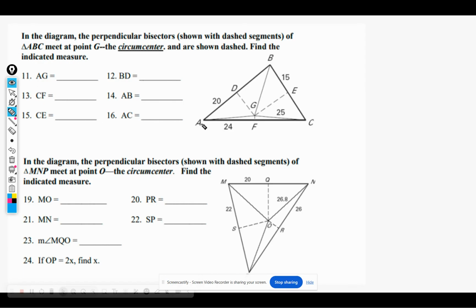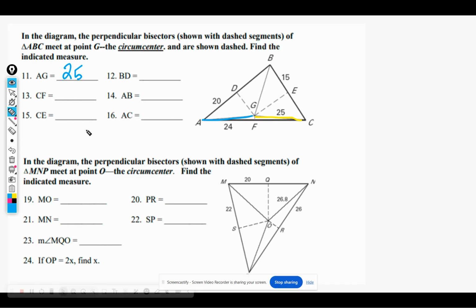We want to find AG, which is this line right here. If we're looking at this complete triangle, we see that AG and CG are the same length. So if CG is 25, then AG should also be equal to 25.